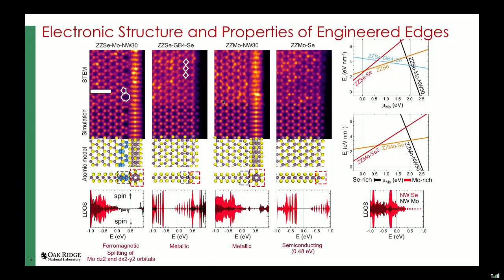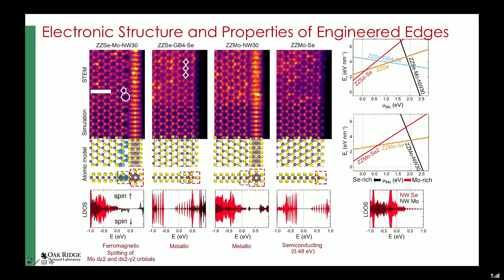So here we observe 4 stable edge configurations. If you look at the top panel on the right-hand side, these are experimental STEM images of the 4 most commonly observed edge structures that we have after we in situ heat this 2D transition metal dichalcogenide.